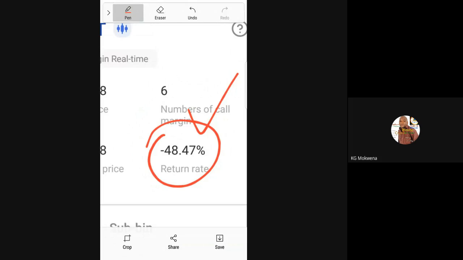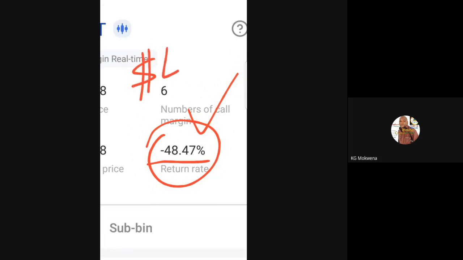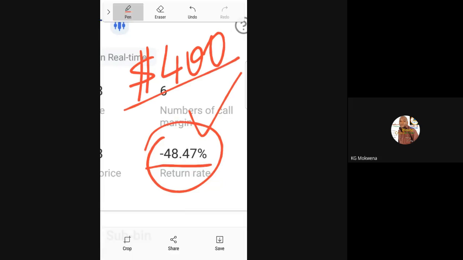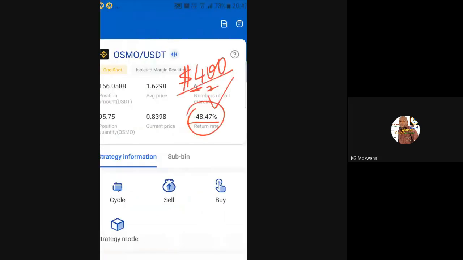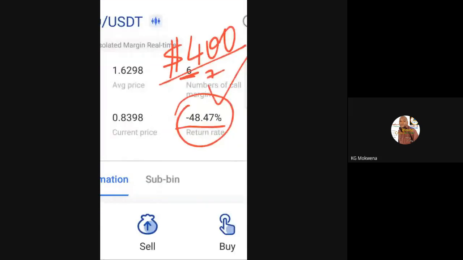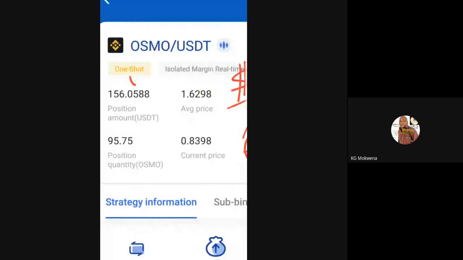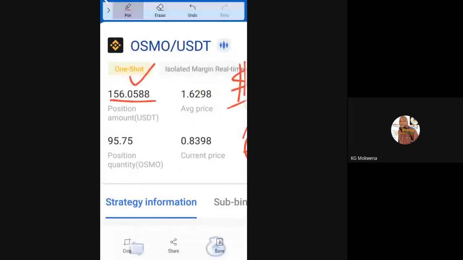It's money that I'm okay with just leaving there according to the portfolio of this particular account. So we're going to place $400 into this market by opening call number 7, because you can see currently the number of call margins is 6. So we're going to go again, which is going to make a huge difference on our return rate, because we are bringing even more than what is already there, which is $156.